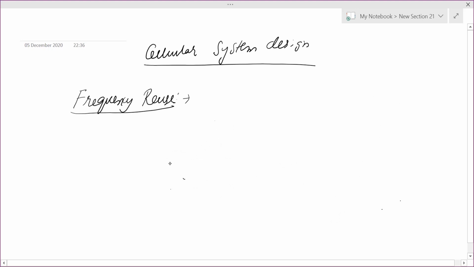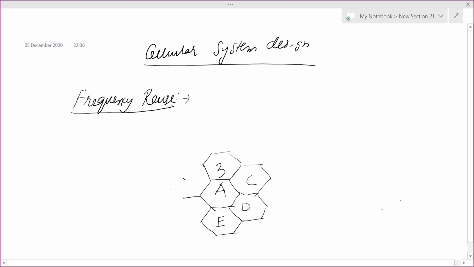That means here is this A, so this is one base station, and then there is another base station B, another base station here C, another base station here D, another base station here E, another base station here F, and another base station here G. A, B, C, D, E, F, G, they all use different frequencies.